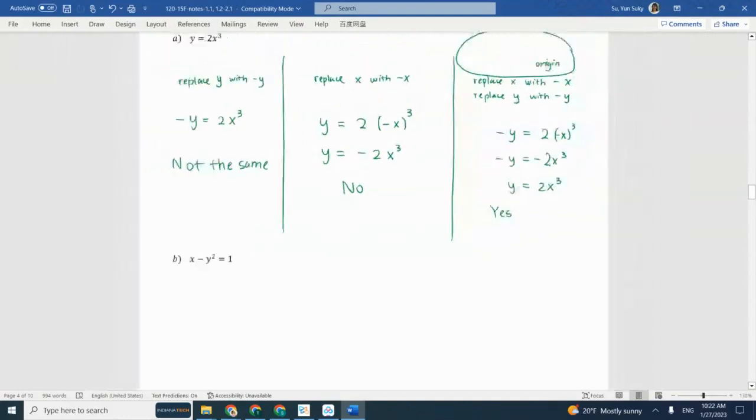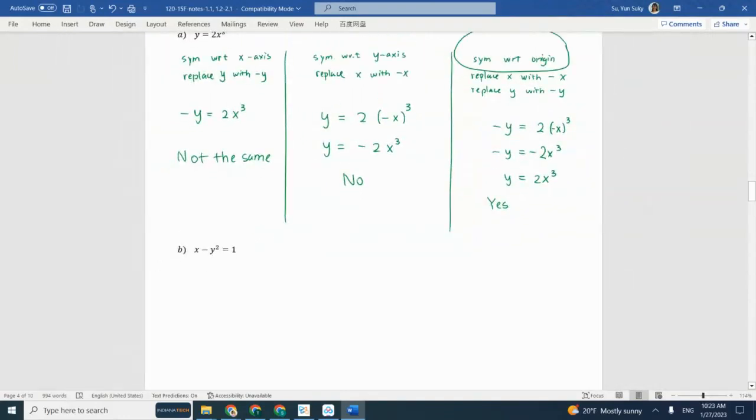Part B. Okay, symmetric with respect to the x-axis. We are replacing y with negative y. So the x stays here.